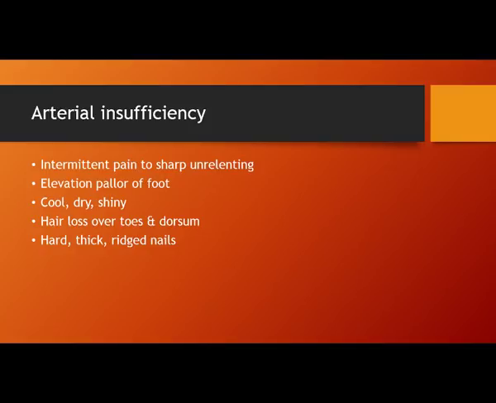Then, is it a cool, dry, and shiny skin? Cool to touch, dry and shiny skin, with hair loss over the toes, over the dorsal aspect of the foot, sometimes even over the ankle. And then hard, thick, rigid nails. These are all pointing to arterial insufficiency.